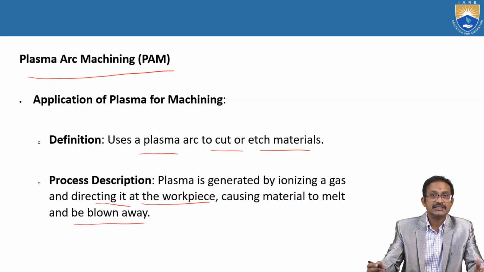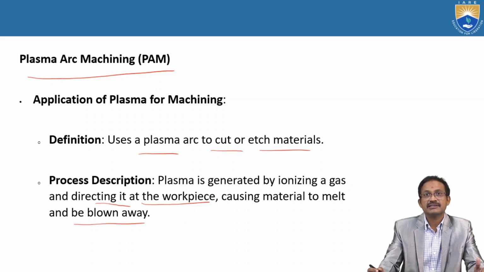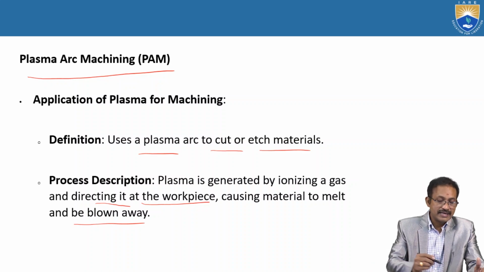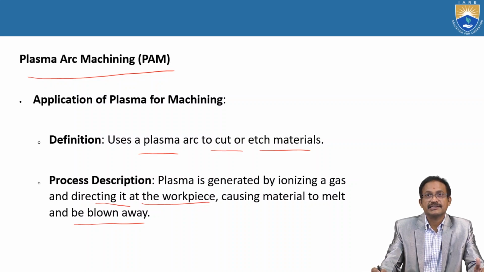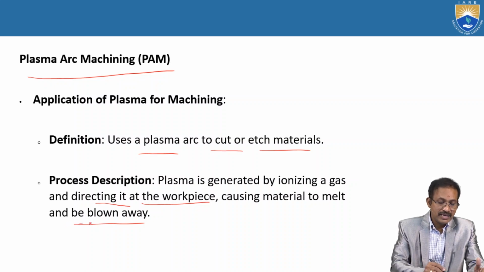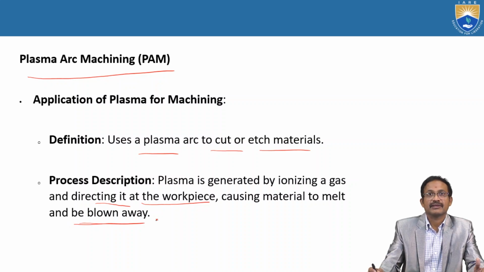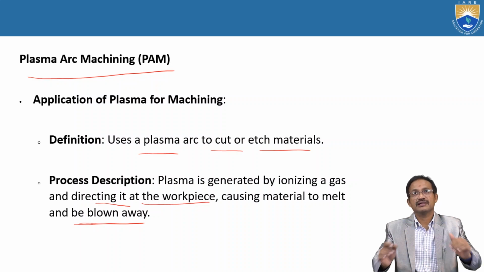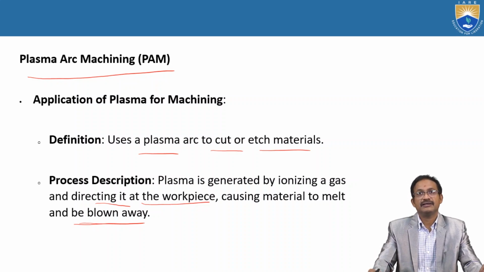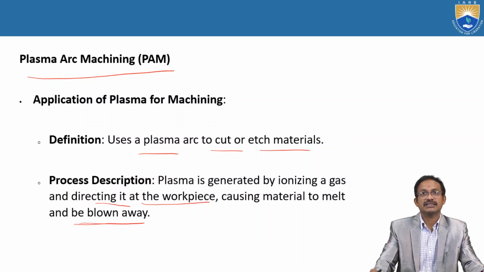So in the definition, it uses a plasma arc to cut or etch materials. Here the plasma arc is used for cutting or removing the material, through direct cut or etch.